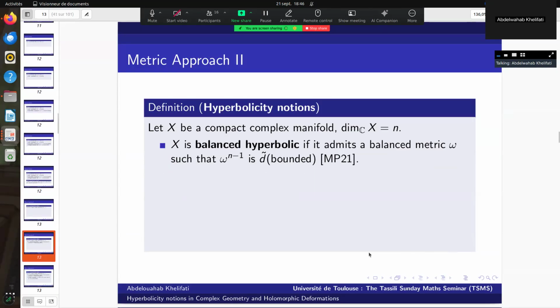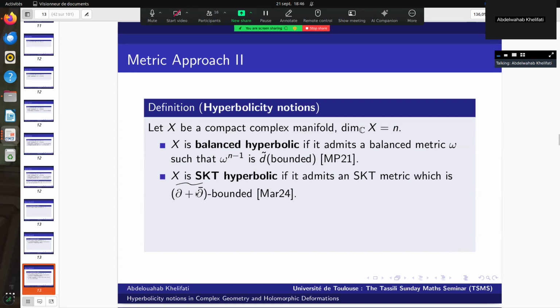Okay, so as you may expect, balanced hyperbolic means that if we lift to the universal cover, omega to the n minus 1, not omega, is d-bounded. And for SKT, what goes with it is not d-boundedness, but d plus d bar boundedness, which means that when you lift it to the universal cover, it can be written as d alpha plus d bar beta with alpha and beta bounded.